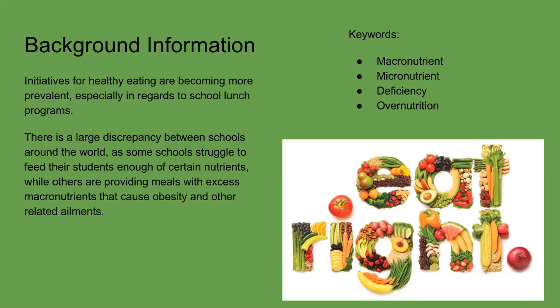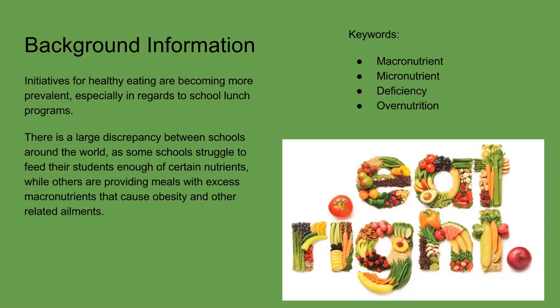Let's talk about a couple key words though. First, a macronutrient has to do with the largest building blocks of nutrition: your fats, your carbohydrates, and your proteins. Micronutrients, on the other hand, are more specific to vitamins and minerals. These are needed in much smaller amounts on a daily basis, but are still essential compounds.